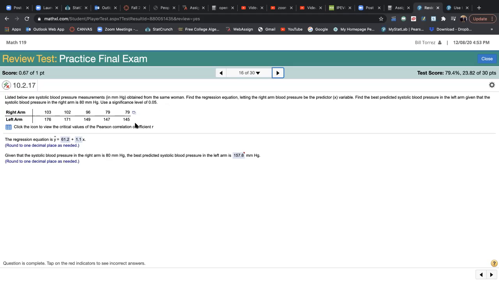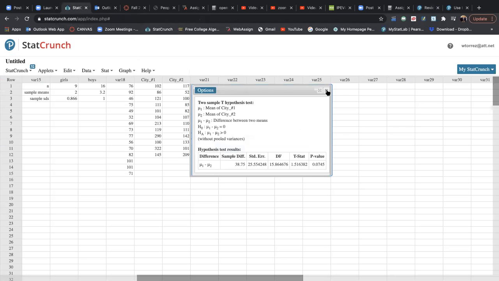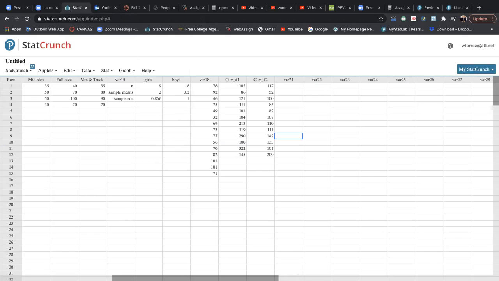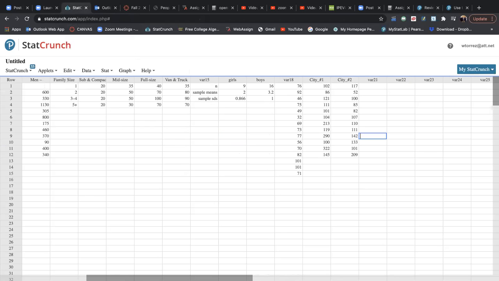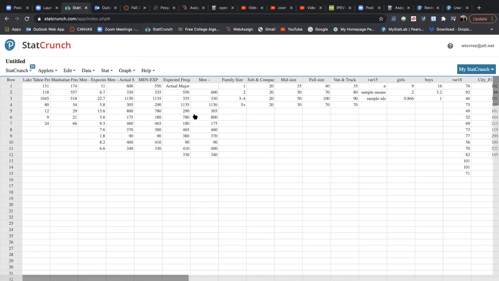Now let's copy our data right into StatCrunch here. I believe it's already there. Let me check and see. Do I have the data there already? No, I guess I don't. Some of you might recognize these data sets from previous worksheets. So let's copy and paste the data.